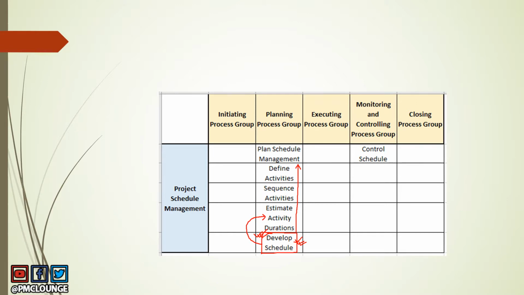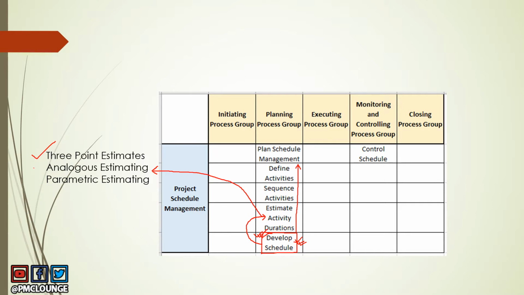And if you remember, if you have been following us, you'll definitely remember that we talked about some of the topics, some of the concepts, some of the methods of how to calculate activity durations. 3-point estimating or PERT, analogous estimating, parametric estimating, all of these are tools and techniques to calculate the duration of activities.